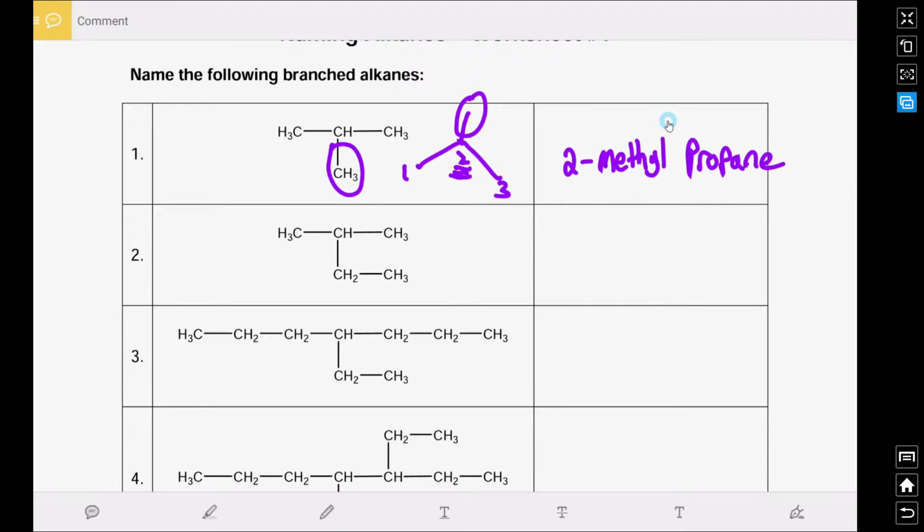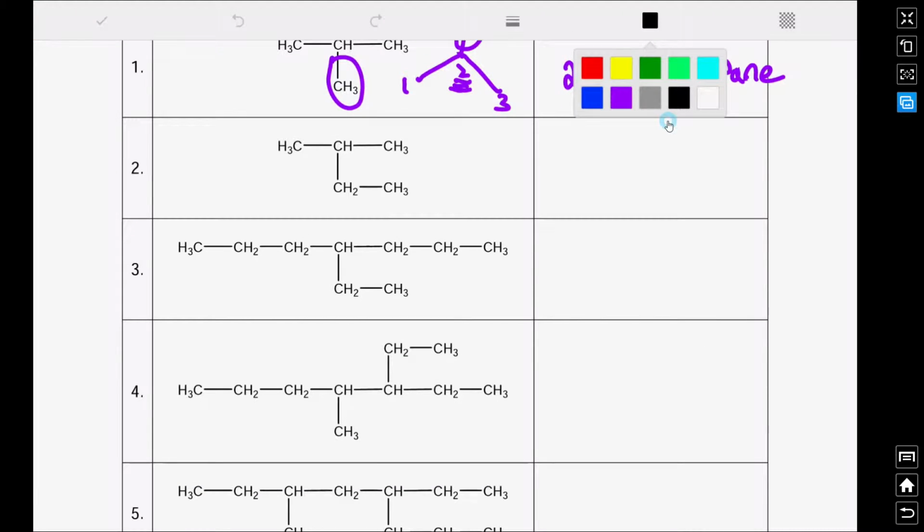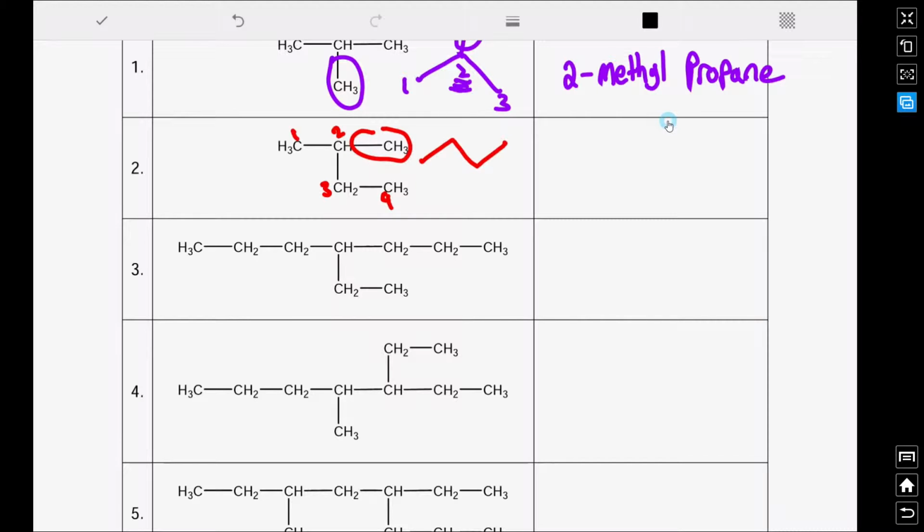Alright, the next one, number 2. Let's see a different color. So here, let's draw this out. So I'm going to go 1, 2, 3, 4. So this would go 1, 2, 3, 4. We have a single carbon chain on the number 2 carbon, so I'll do that. So that's what it would look like as a line.